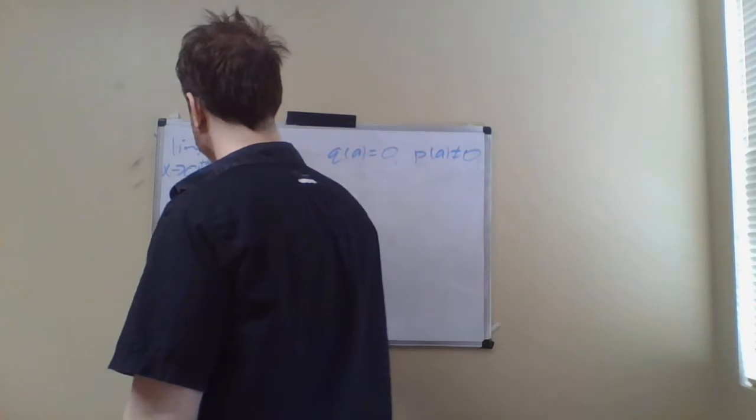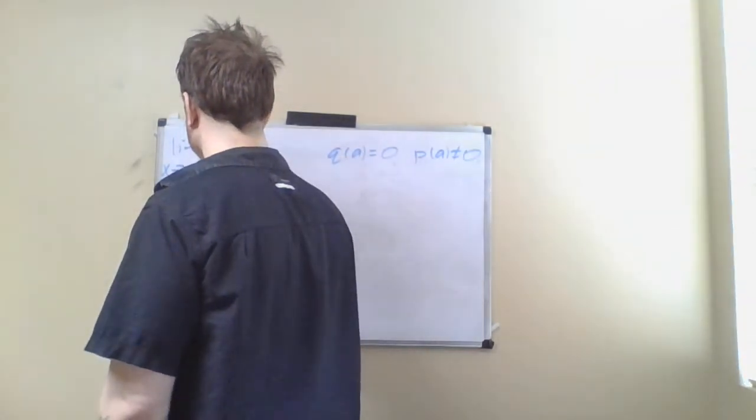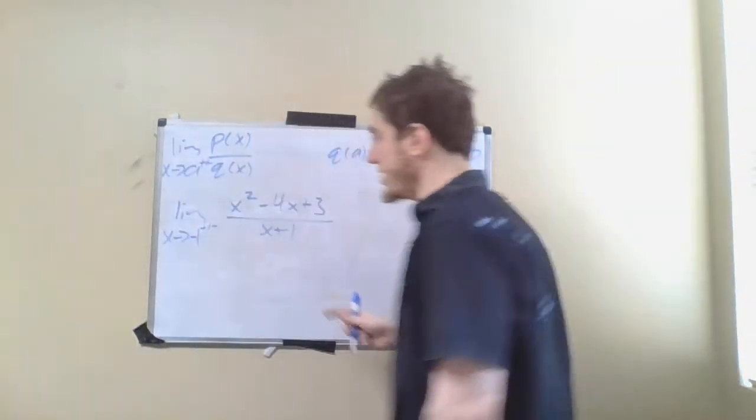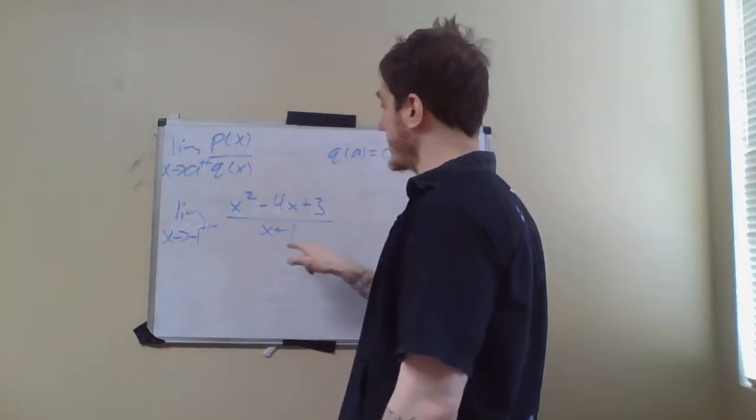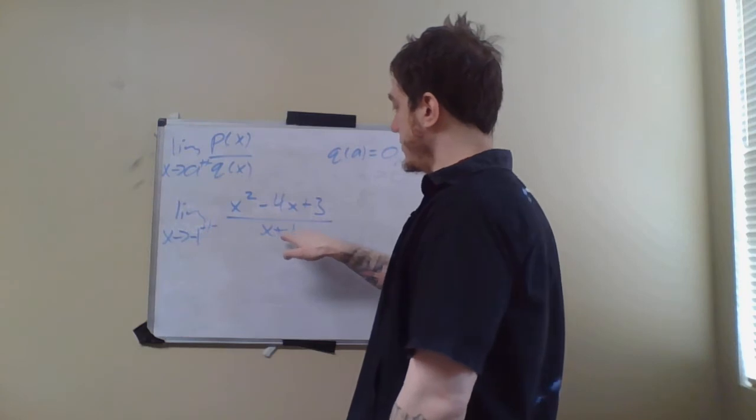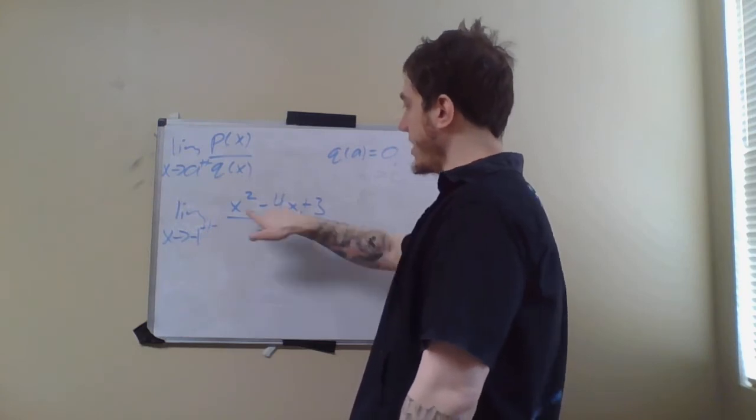We will do the left-hand and right-hand limits, and then we'll see what that says about the actual limit itself. So what I want to do is check, now at negative 1, the bottom is going to be 0, but the top is not.